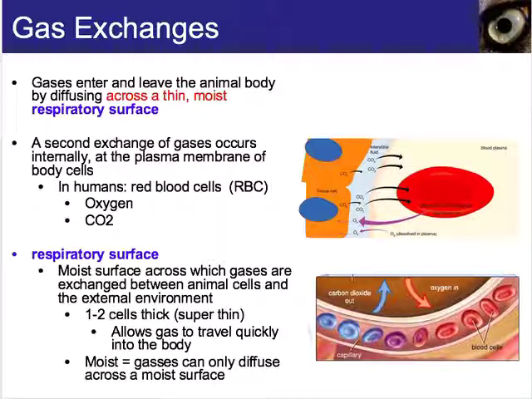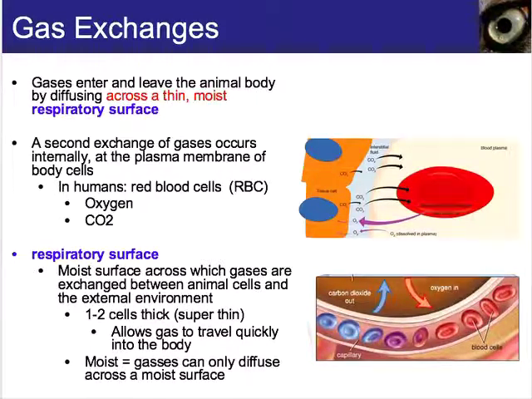A second exchange of gases occurs internally at the plasma membrane of the body cells. In humans, it's going to be your red blood cells, in which oxygen is going to diffuse into the red blood cells and CO2 would diffuse out when at the lungs. And then those red blood cells will then deliver that oxygen to other parts of your body and pick up the carbon dioxide to bring it back to the lungs.